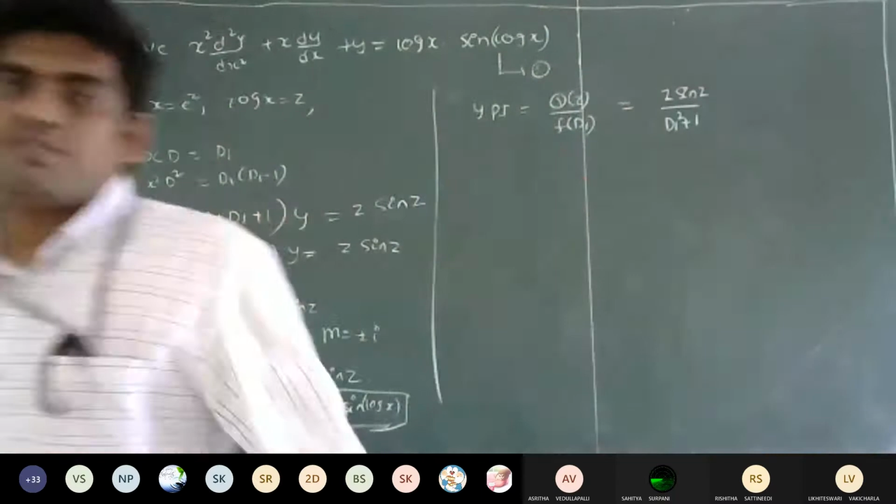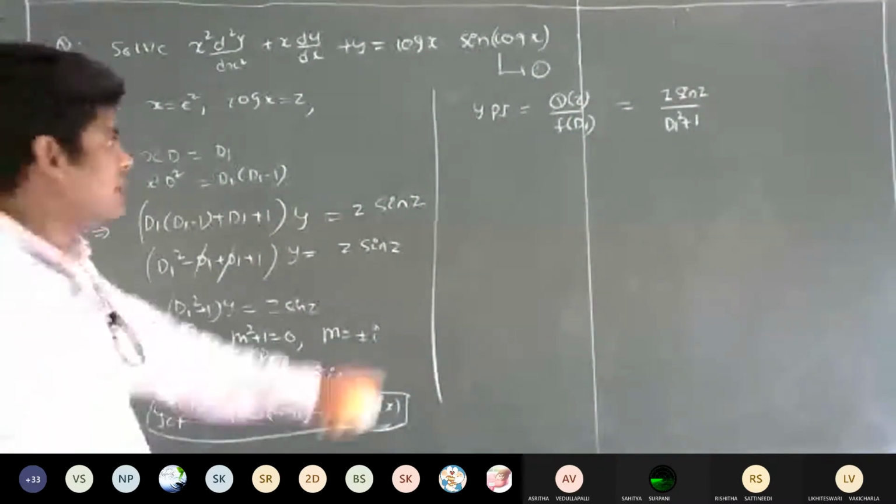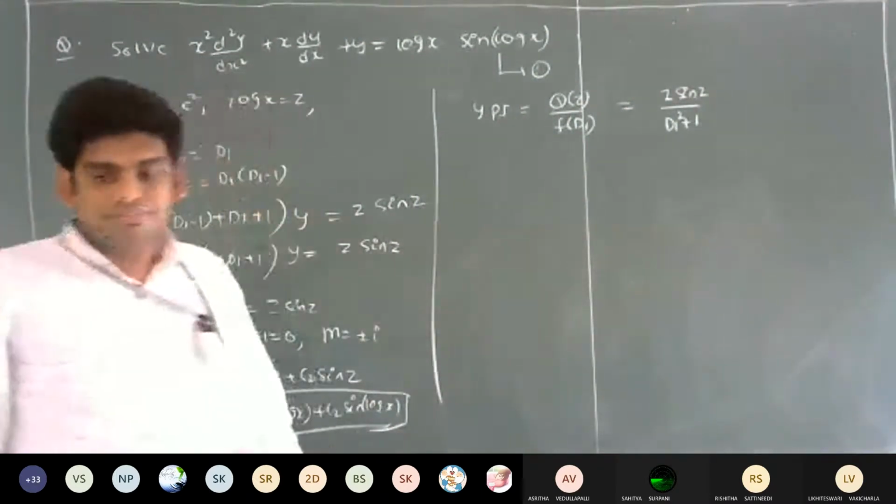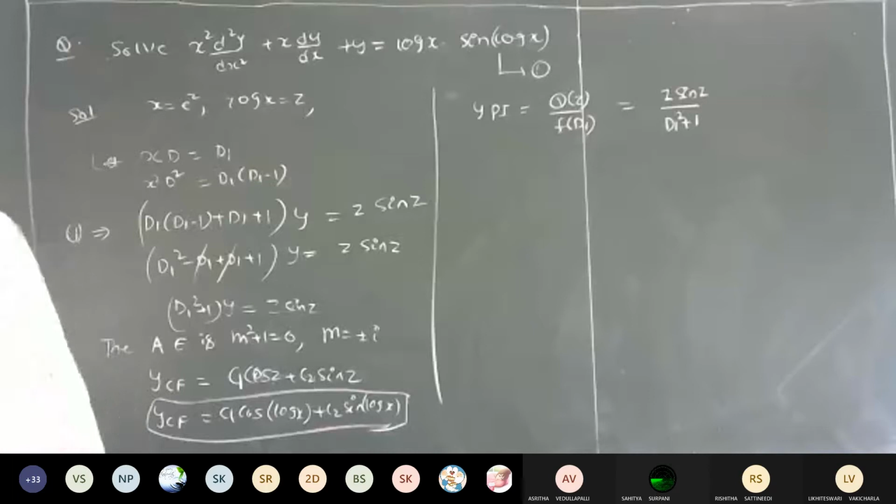Now it is of which type? It is of the fifth type.